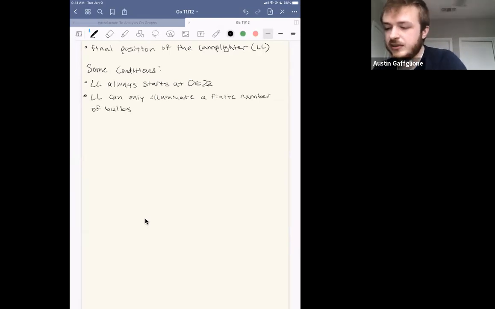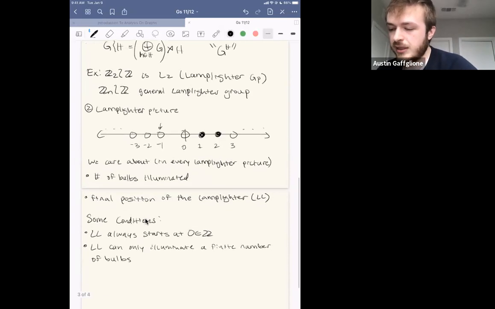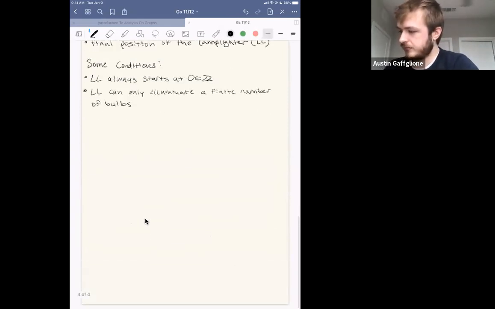So I never have a case, so I call this finished picture a lamplighter picture, where, say for instance, all even indexed bulbs are illuminated or all odd indexed bulbs are illuminated. I only have a finite number.